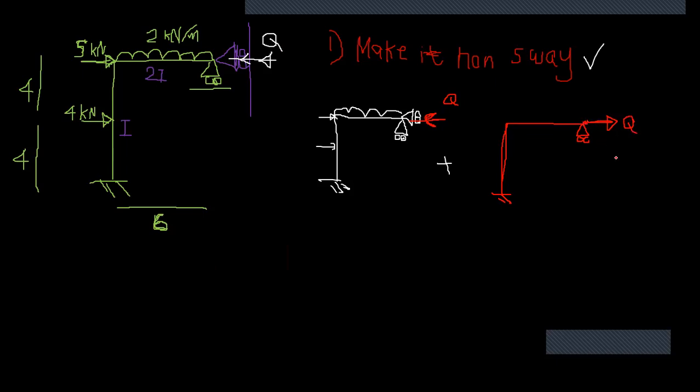So what I did was I took the primary skeleton, and I apply a Q force in the other way. So if I add these two structures, Q will be getting cancelled, right?